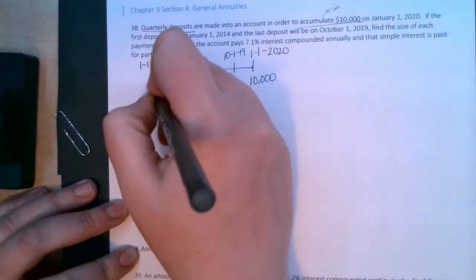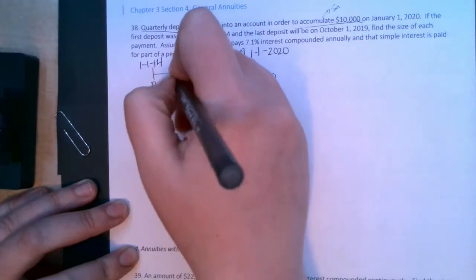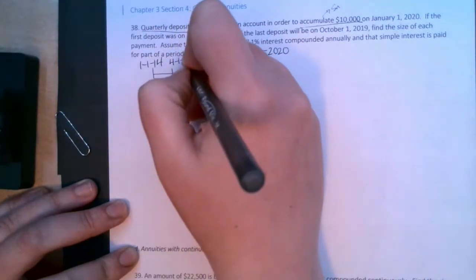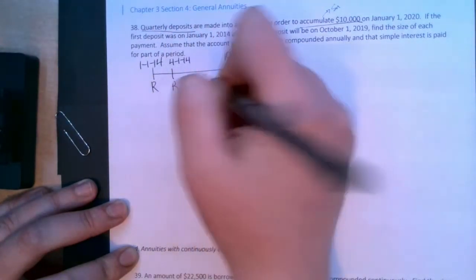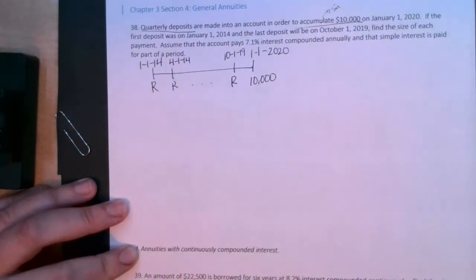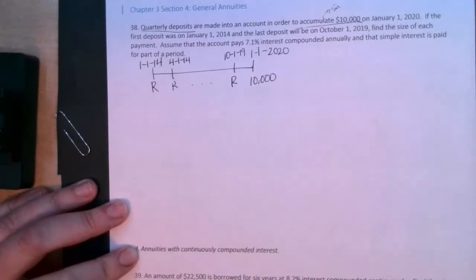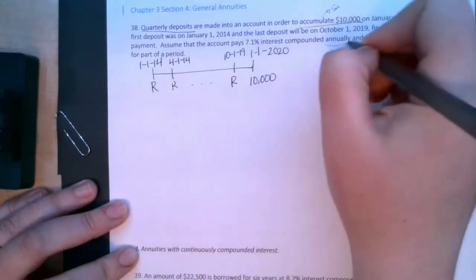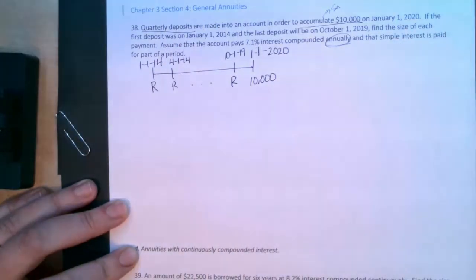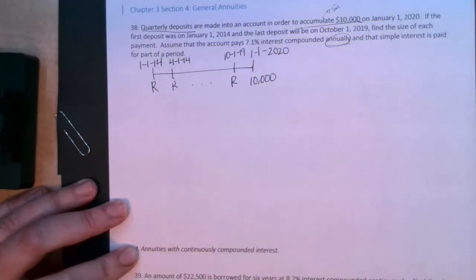So we're trying to find R. Our second payment would be 4/1/14, that would be our next R. That's what we're trying to find. And then we're assuming that the account pays 7% interest compounded annually. So here again we have that discrepancy between quarterly and annually, and simple interest is paid for part of a period.